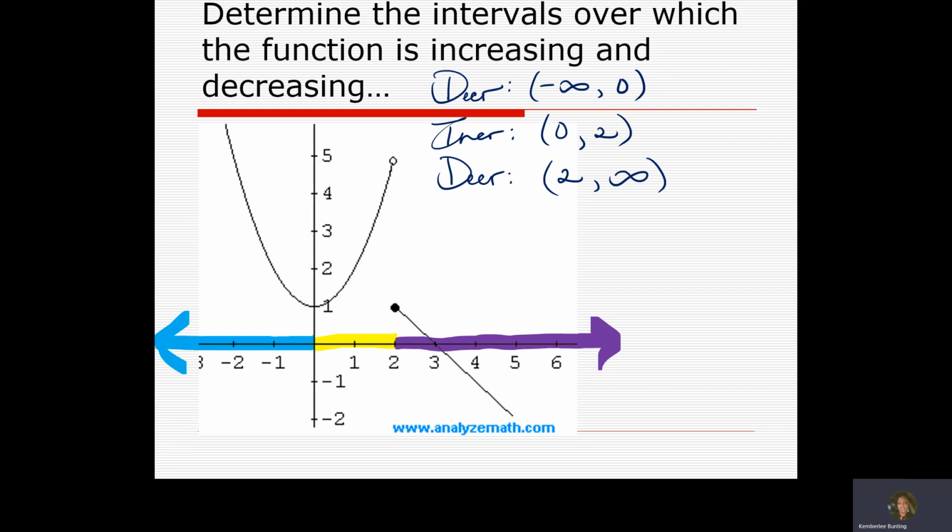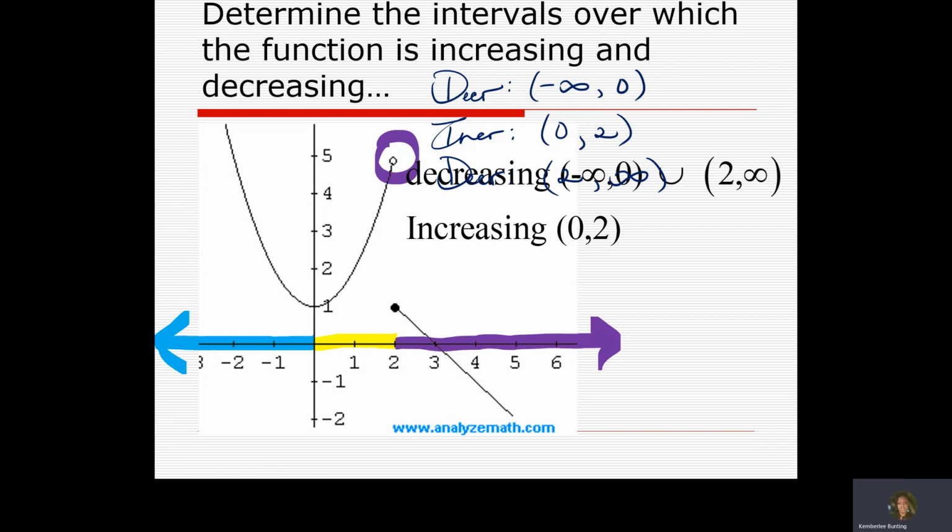You don't include the point. And you don't include it here either because of this issue here. Don't include the point. We're going to use parentheses the whole way.